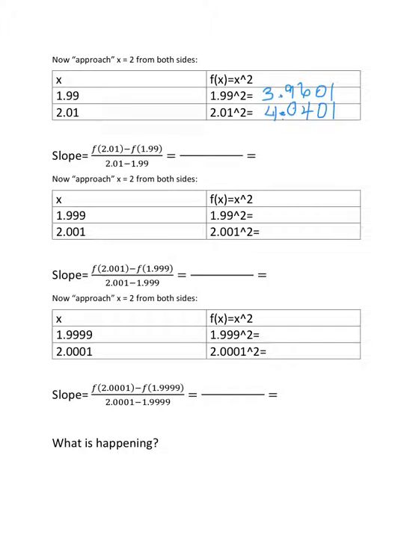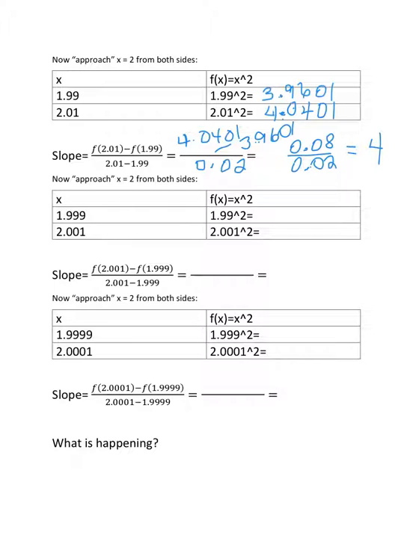And so when you subtract 4.0401 minus 3.9601, and 2.01 minus 1.99, for the denominator you'll get 0.02, and for the numerator you will get 0.08. And when you perform that division, you'll see that you again get 4.